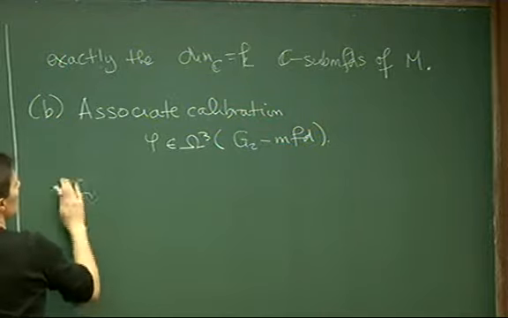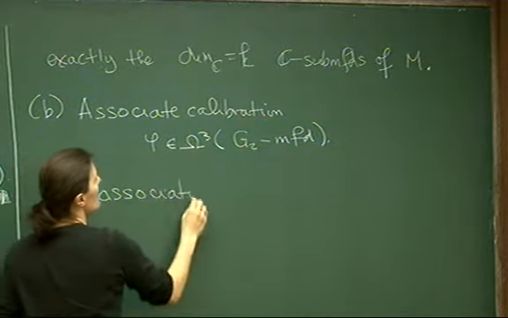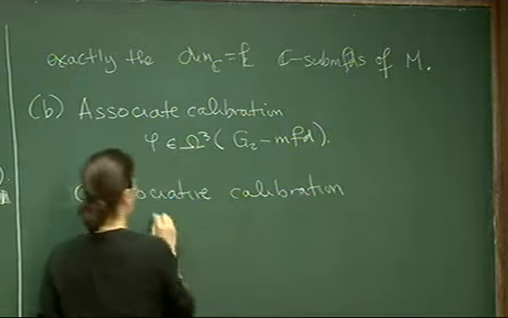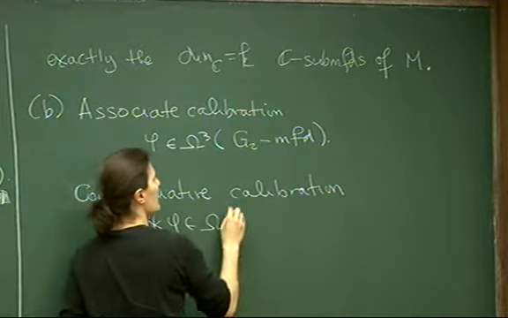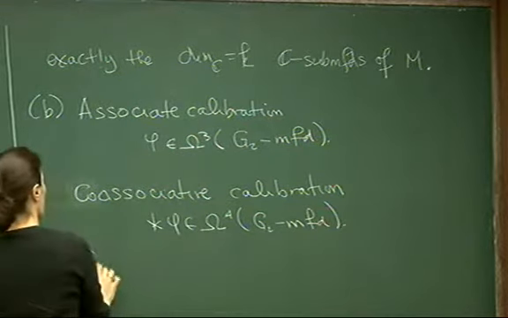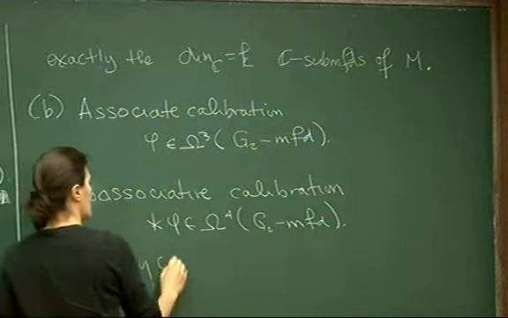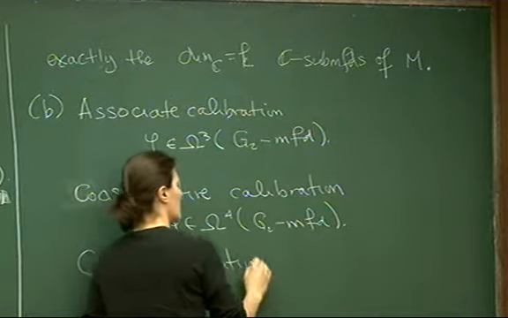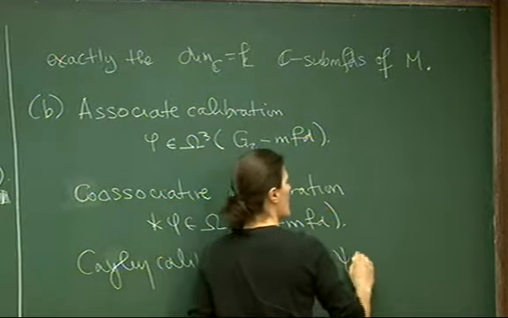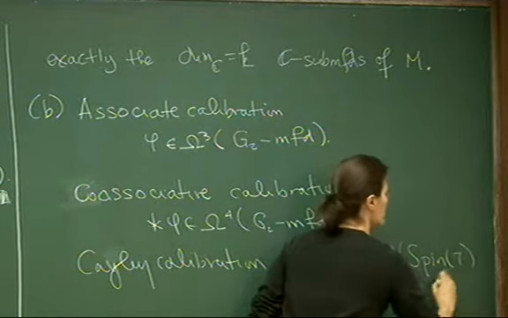And similarly, we have its dual, the co-associative calibration, which is a 4-form on your favorite G2 manifold, or the Cayley calibration, the self-dual, let's call it psi. And this is a 4-form on any Spin(7) manifold.